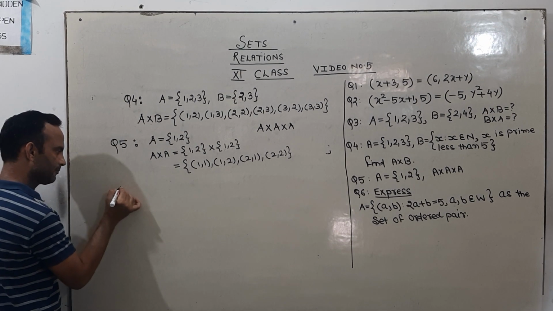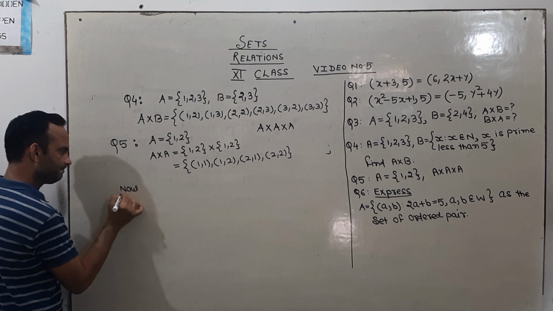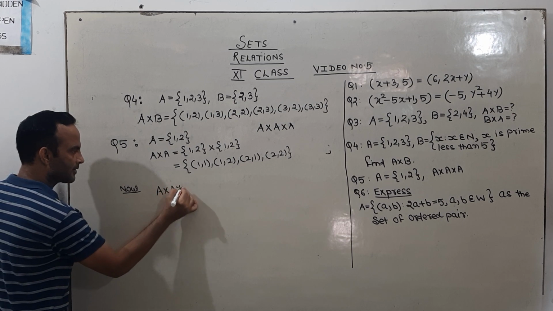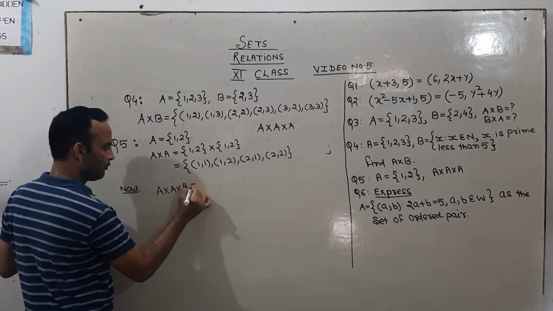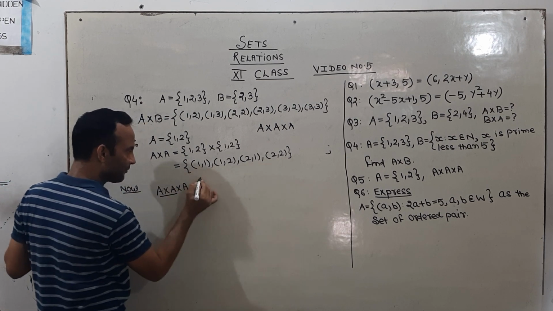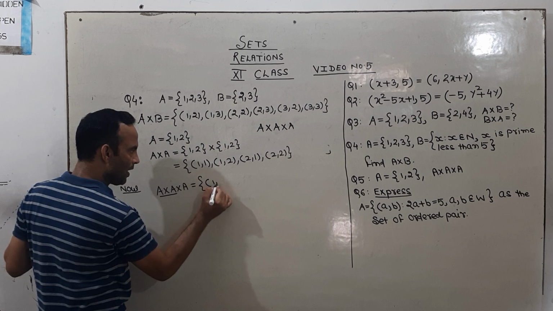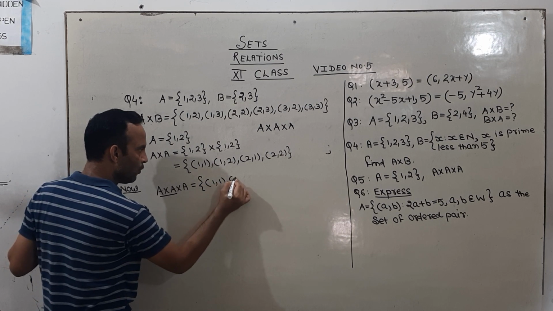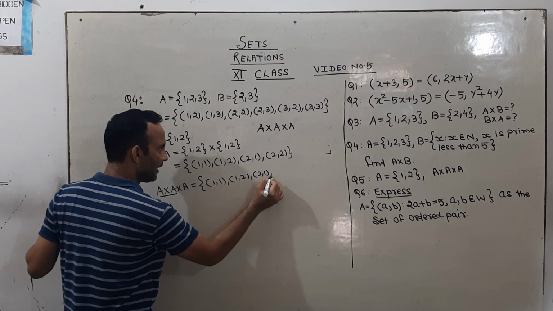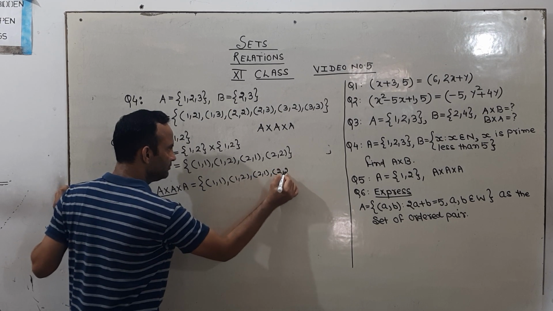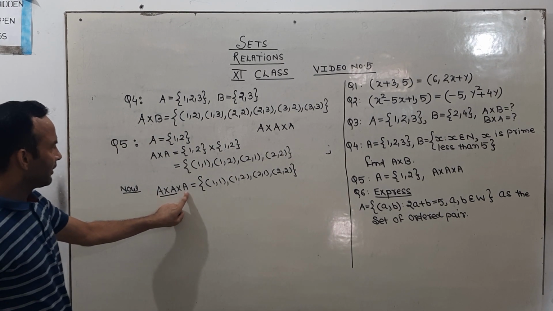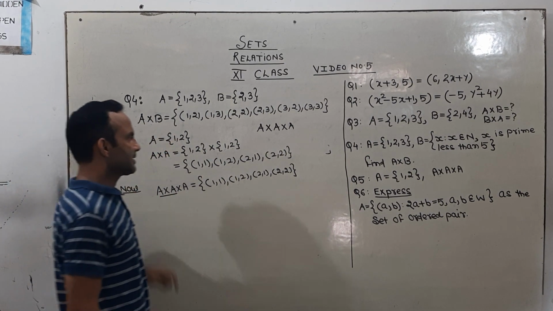Now A cross A cross A. First write A cross A, so this is A cross A: 1, 1; 1, 2; 2, 1; and 2, 2, cross with A, where A is {1, 2}.